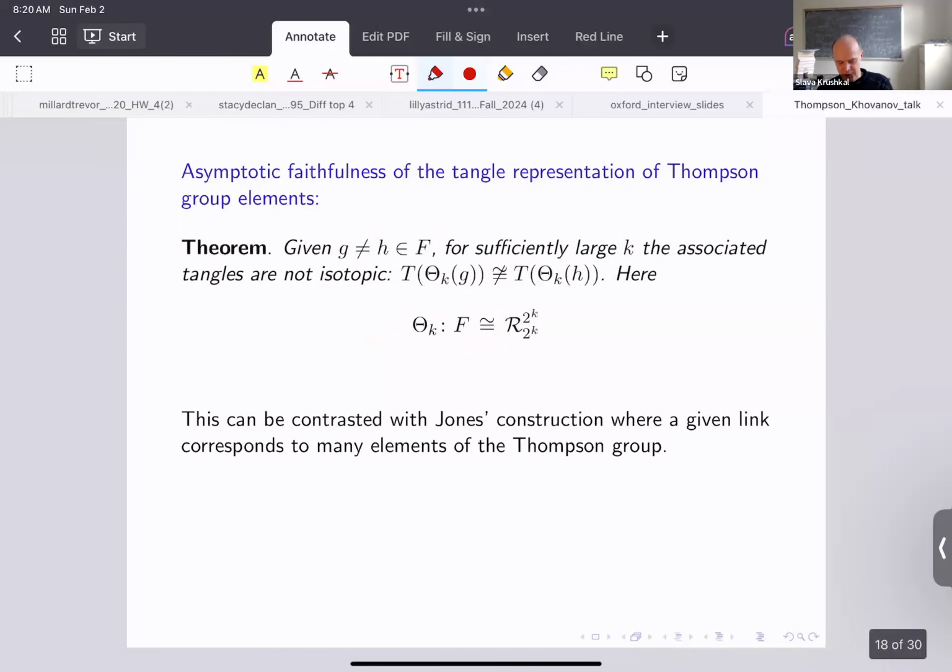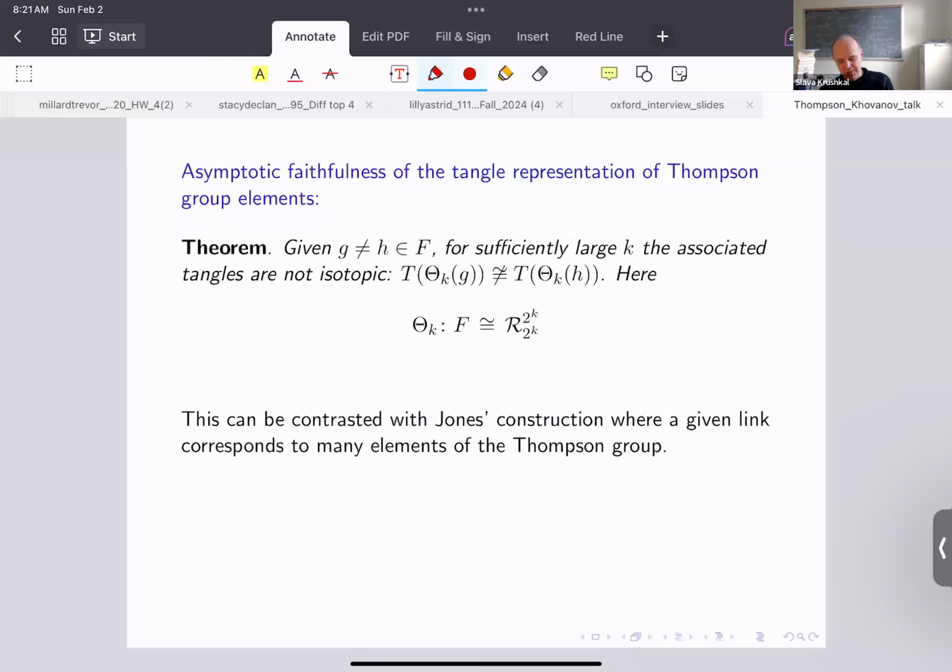This is contrasted with Jones's construction, where there are lots of different group elements that give rise to the same link type. In this case, we show that if you go to tangles, then for sufficiently large K, it's actually asymptotically faithful.